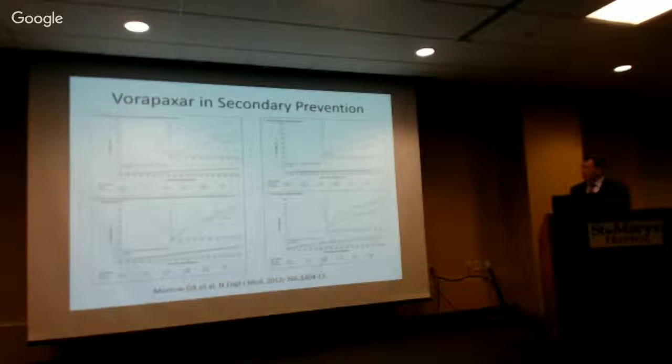And this is a similar trial, but instead of being in acute coronary syndromes, this is for secondary prevention, people who had an MI 1 to 3 years previously, or who have peripheral arterial disease. Again, with this thrombin inhibitor, you see a small improvement in the endpoint, which was, again, death, MI, or CVA, but a big increase in severe bleeding.